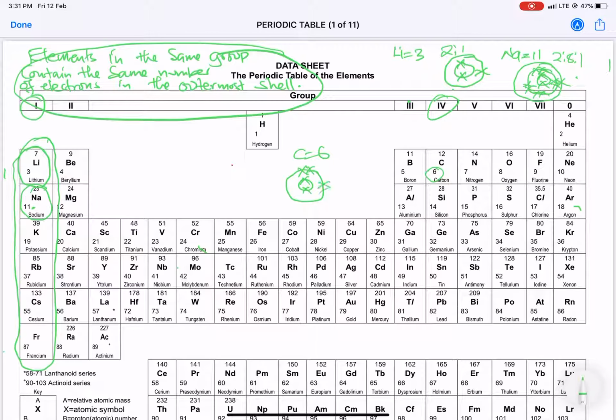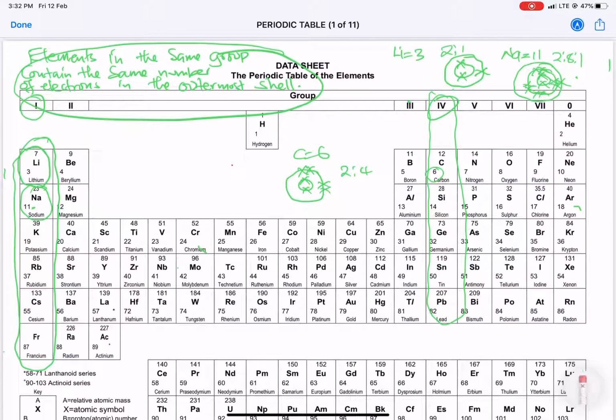So 2, 4. Since the outer shell contains 4 electrons, it follows that carbon is in group 4. So the number of electrons in the outermost shell determines the group of an element on the periodic table.